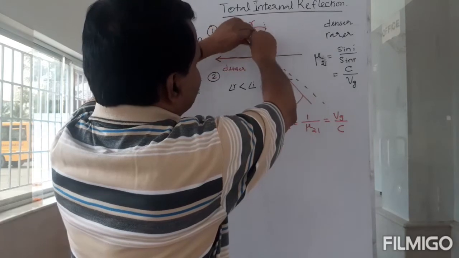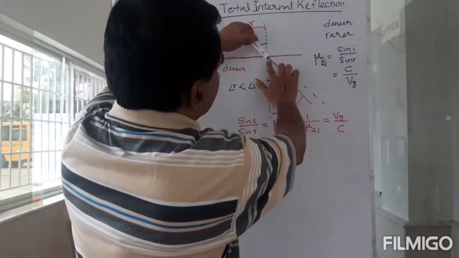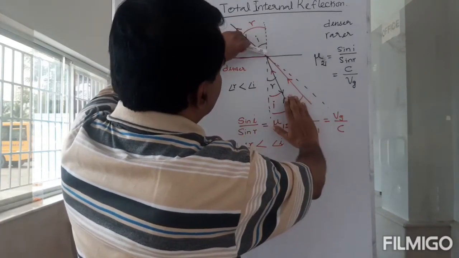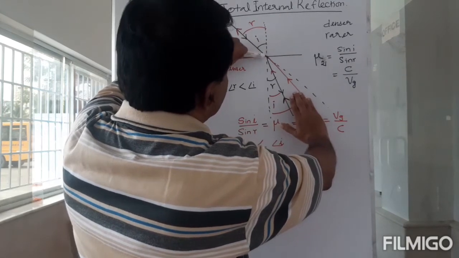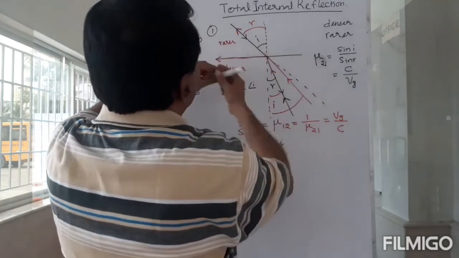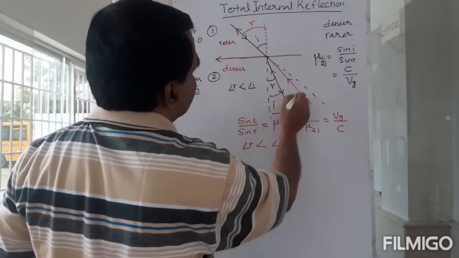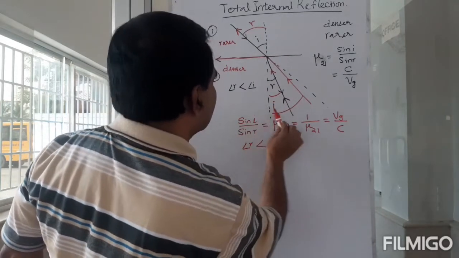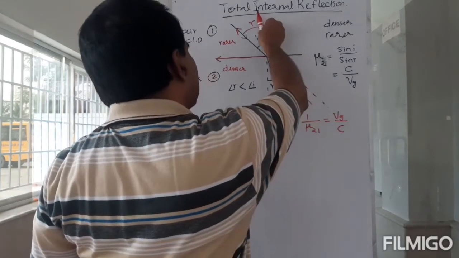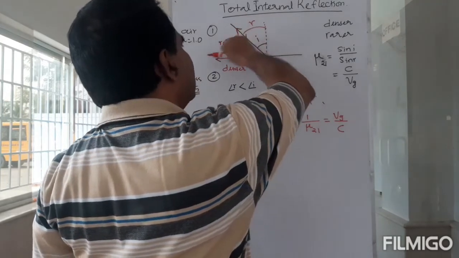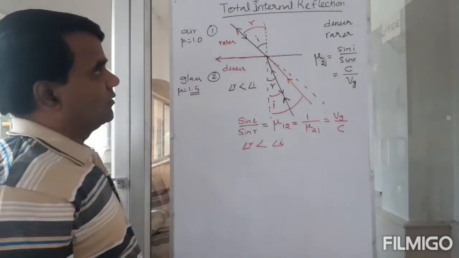For I, this is my R. I increase this, it will be like this. I keep increasing, so the emerging light will be like this. So as I keep increasing the angle of incidence here, the angle of refraction will be becoming bigger and bigger.